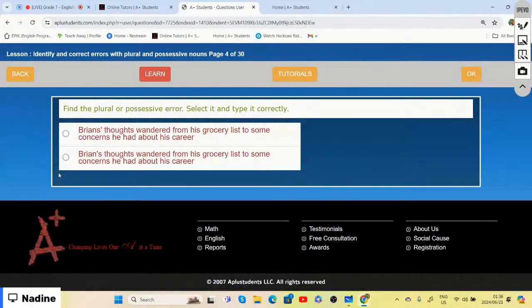It says that we need to find the plural as well as the possessive noun.